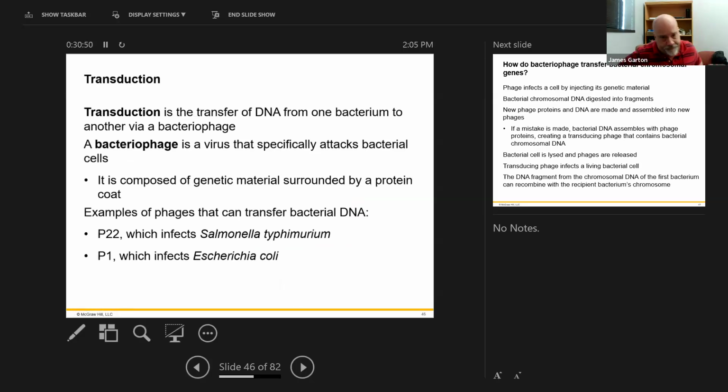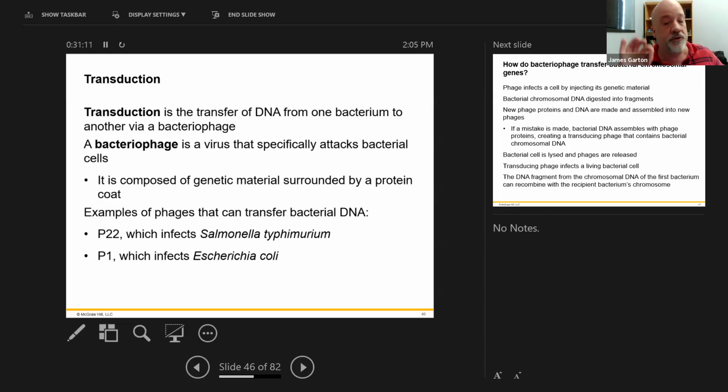But we're going to simplify. Transduction is a transfer of DNA from one bacterium to another via a phage.